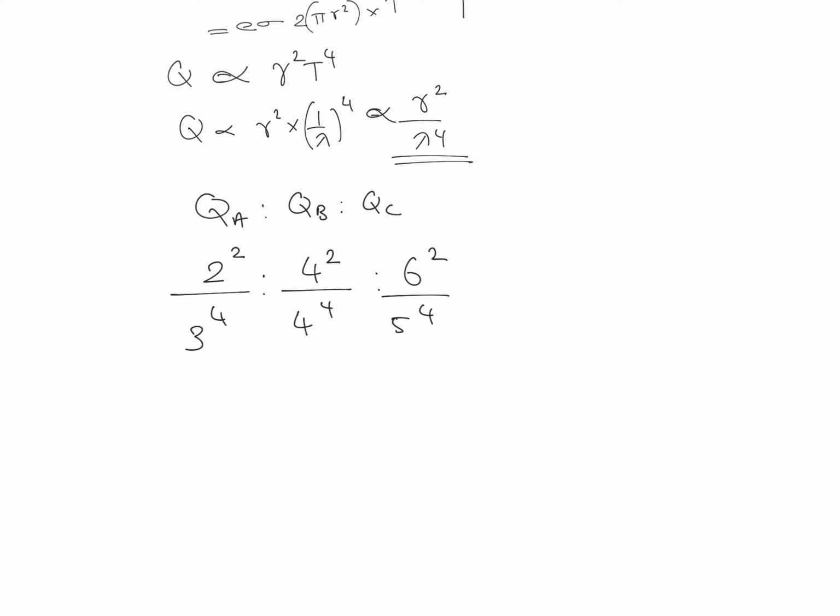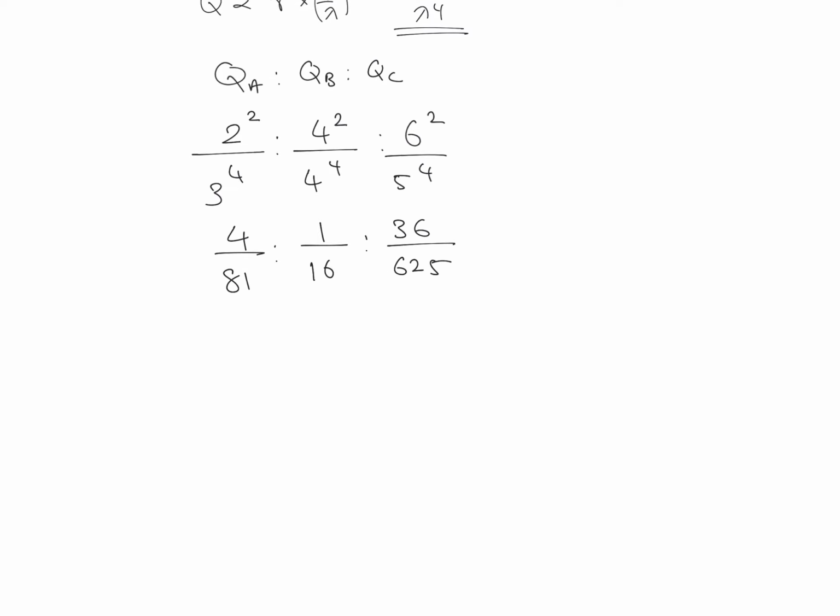So we can identify the values. It is 2 raised to 2, which is 4, divided by 3 raised to 4, which is 81, is to 4 square divided by 4 raised to 4, where this part gets cancelled, so we can write 4 raised to 2, that is 16. And the third one is 36 divided by 5 raised to 4, which is 625.